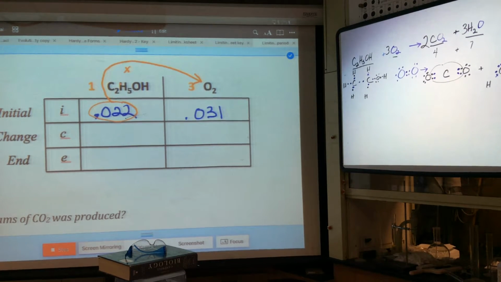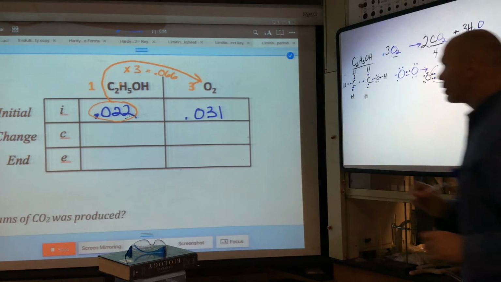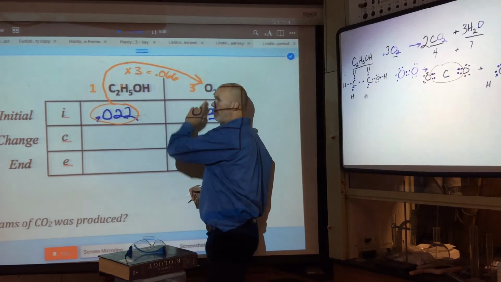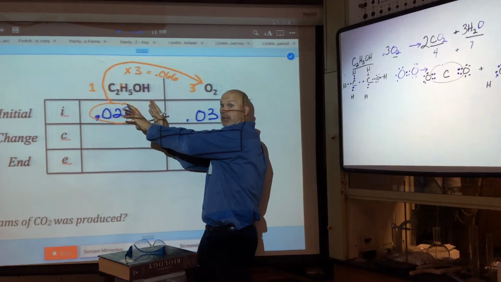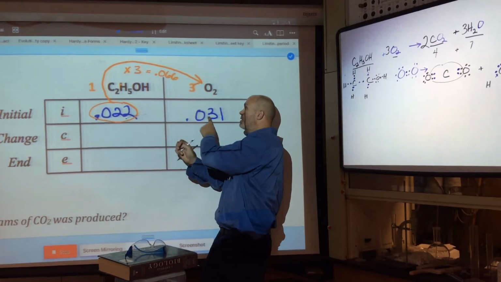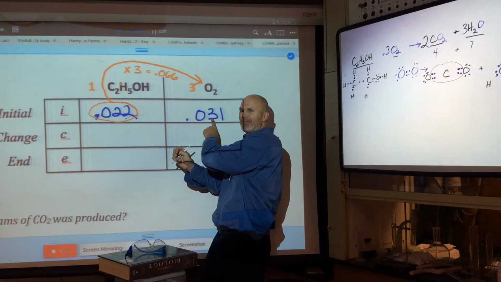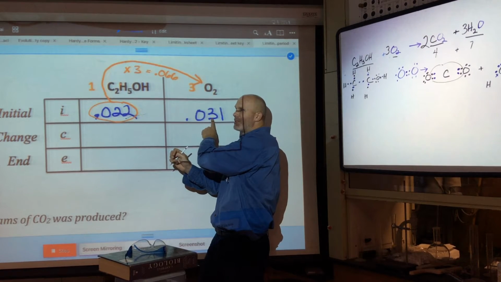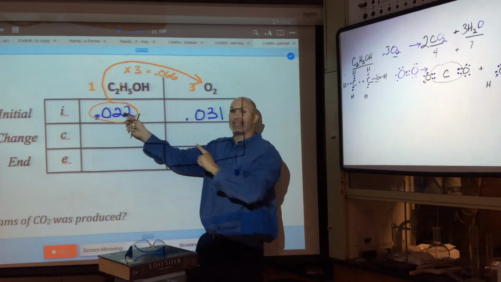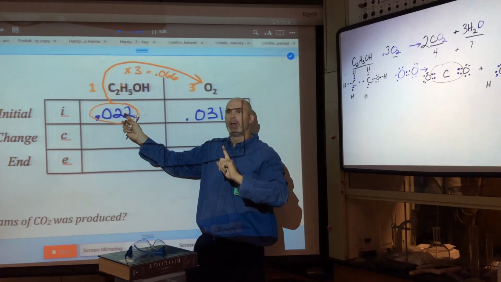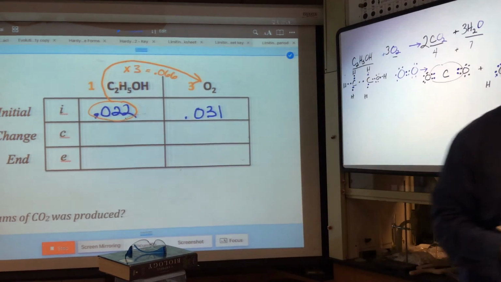So I take this and times it by 3. In order for all of this to react, I need to have at least 0.066. Do I have enough? No. So I don't have enough of this to make all this react. Excess chemical. Cool.